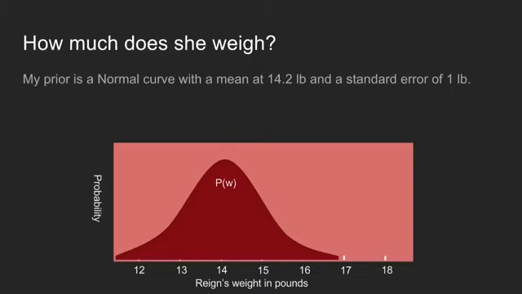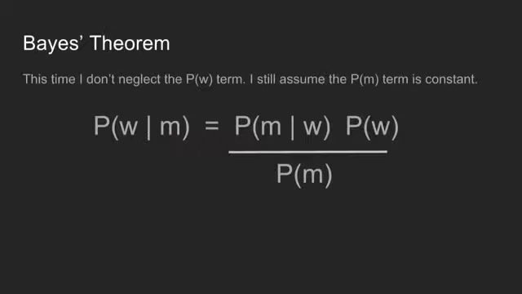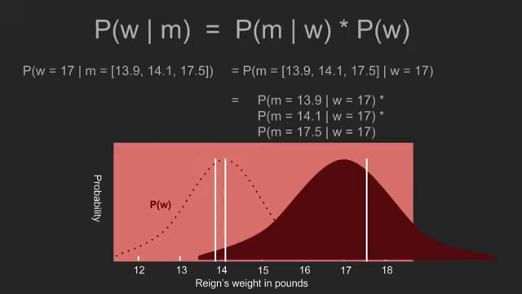This is the probability of her being a given weight. So this time we're not neglecting the prior term. We're not setting it constant. We're going to use it. And the way this plays out now is we assume, okay, what if she were 17 pounds?